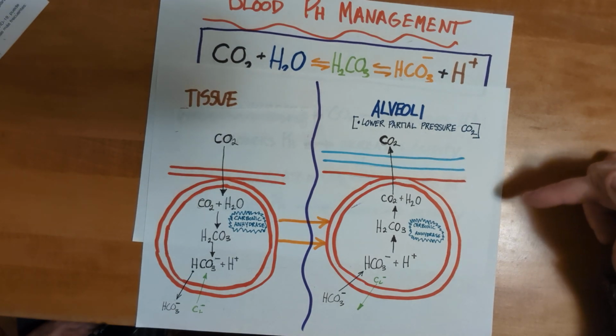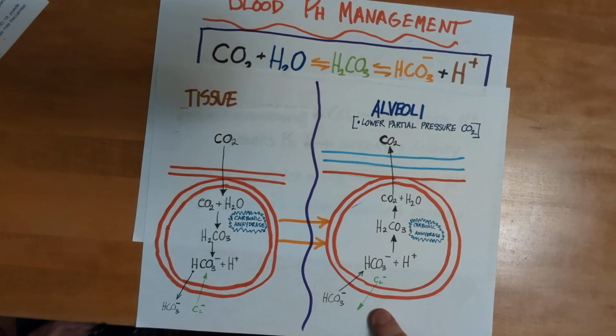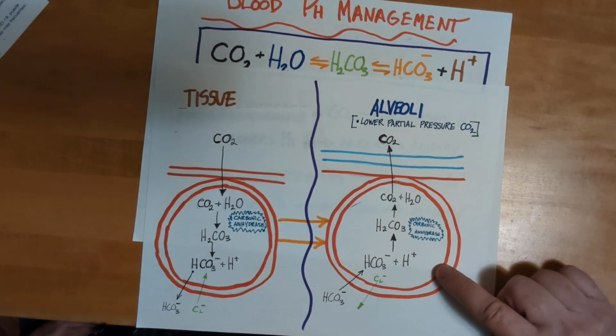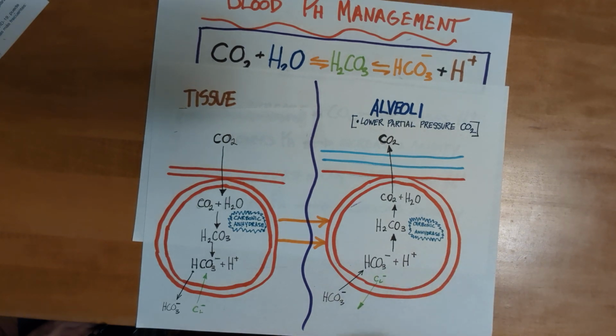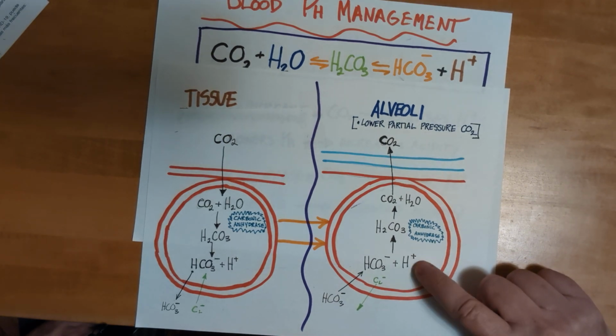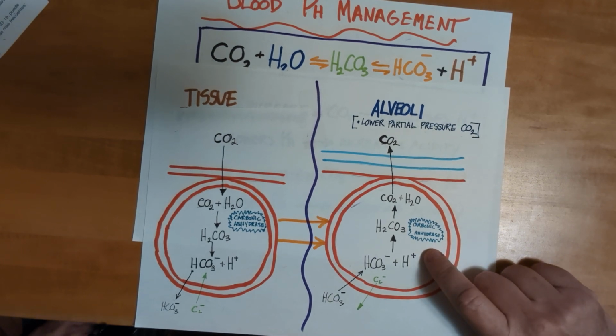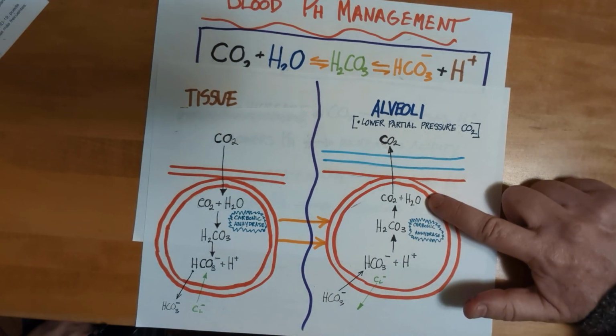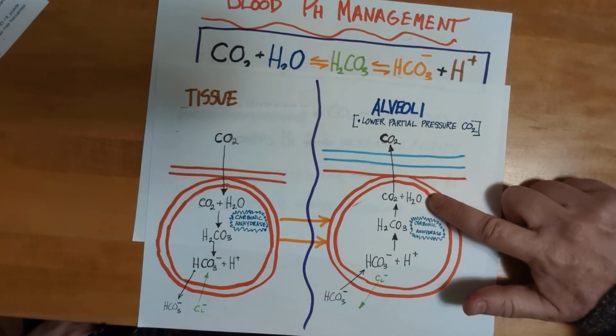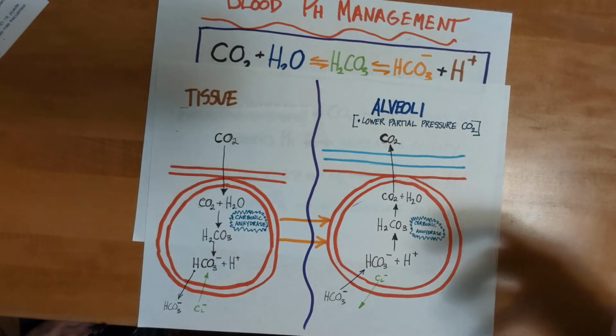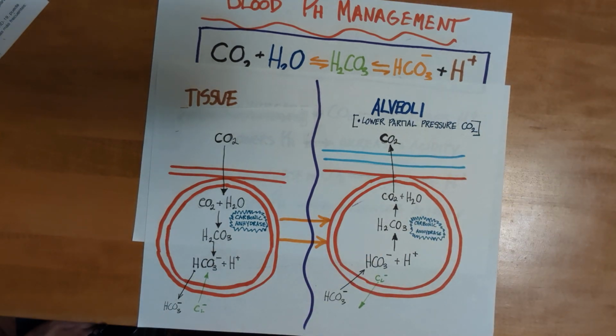And as a result, we have another exchange with the chlorine, and the bicarbonate gets pulled into the cell. Chlorine comes out. There's now this hydrogen ion that combines with our bicarbonate to again make this H2CO3 carbonic acid, which then breaks down into CO2 and H2O. The CO2 gets pulled into the alveola, which then gets exhaled out.